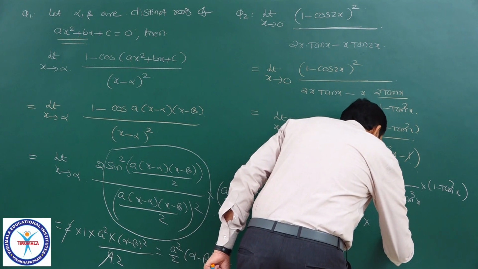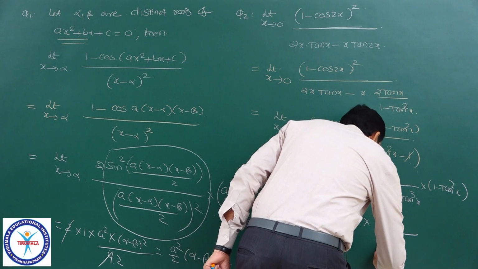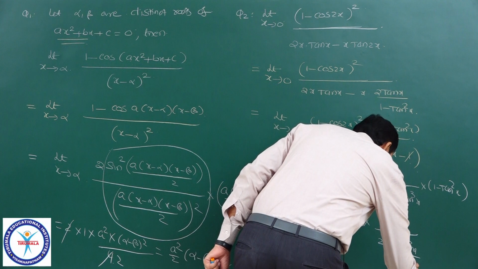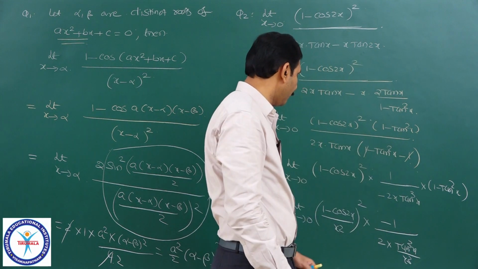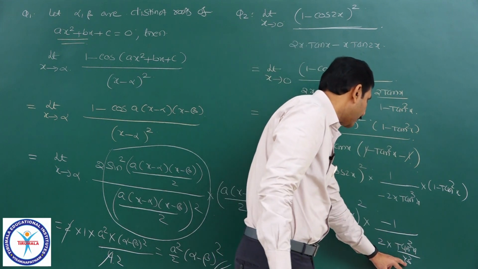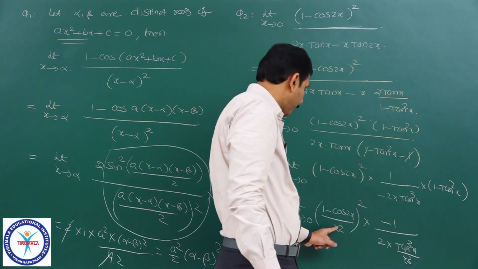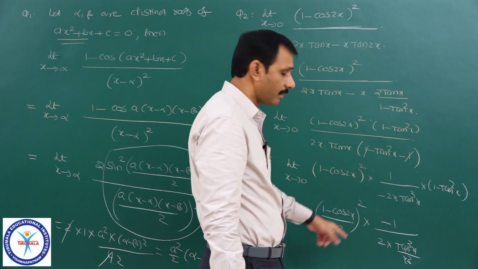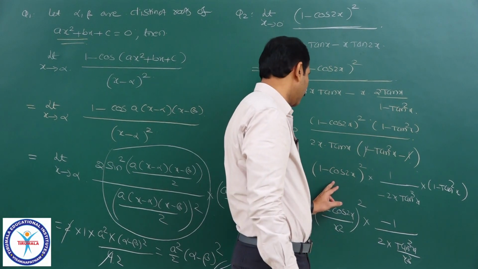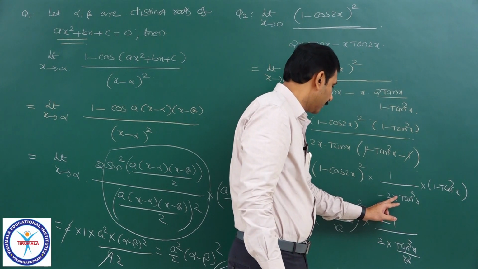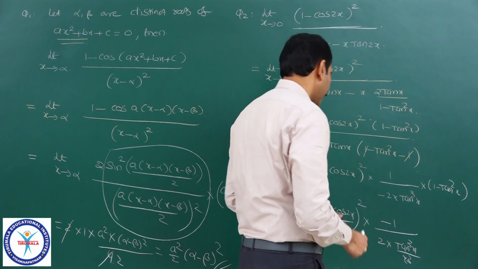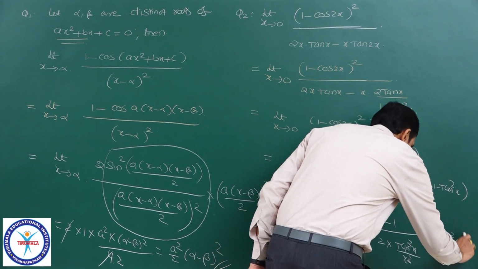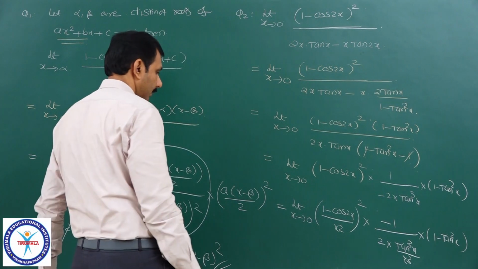This minus sign I will write in the numerator, by 2 into tan cube x by x cube I will write. Here I did not write x. Now you observe this. This x cube comes to the numerator, and x cube by x power 4 means only x, that x is there here. So, that x multiplication and division got exactly into, no problem with this 1 minus tan square x, right.